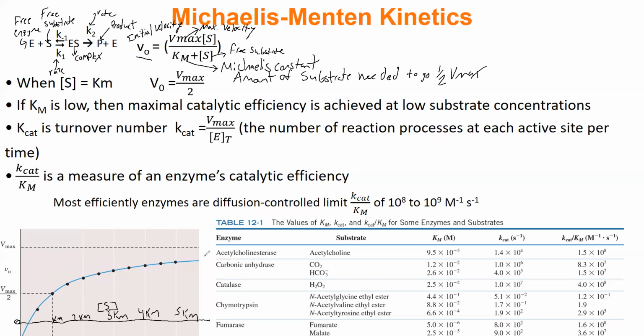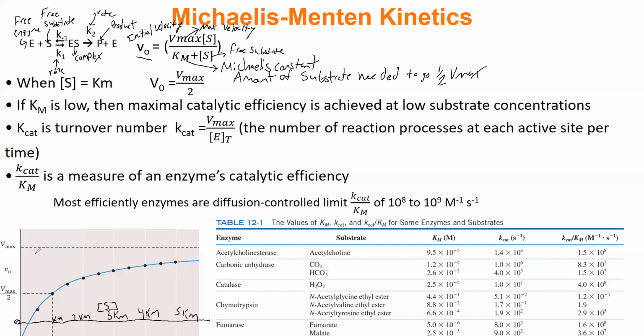And from there, you can calculate, roughly estimate what is your maximum velocity, right? If you do enough experiments, sooner or later, your enzyme will be going as fast as it possibly can if you add enough substrate.